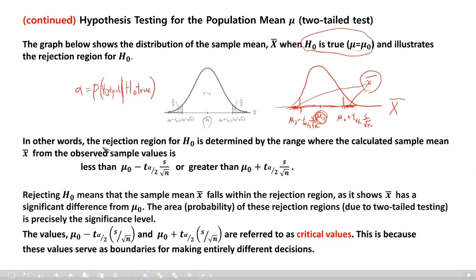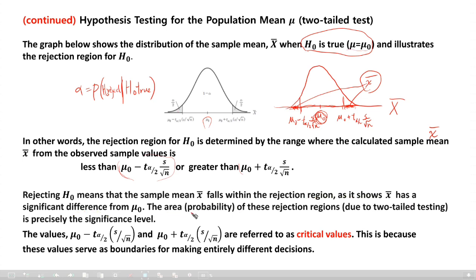In other words, the rejection region for H0 is determined by the range where the calculated sample mean, small x bar, from the observed sample values is less than this value or greater than this value. Rejecting H naught means that sample mean x bar falls within the rejection region, as it shows x bar has a significant difference from mu zero.